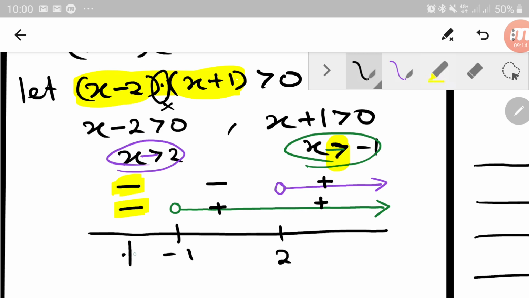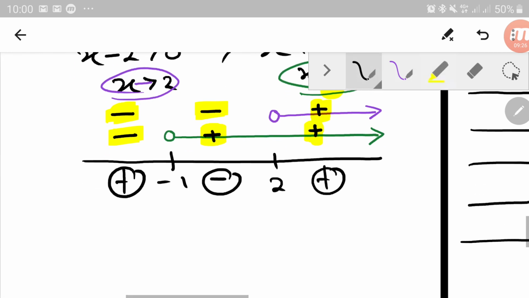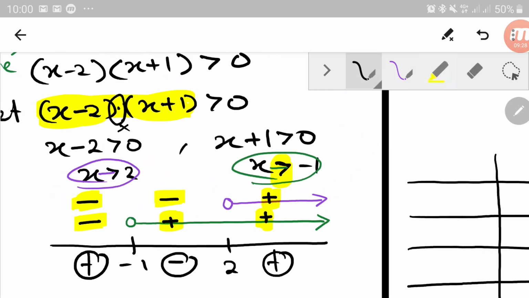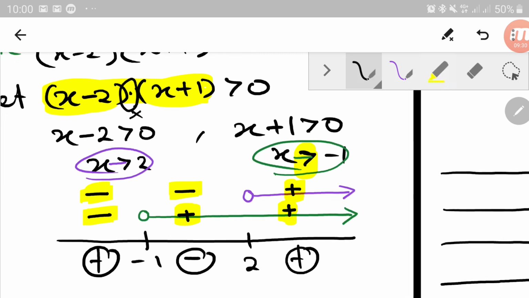Minus multiply positive is a negative. Positive is positive. So we've done with that, and then we are looking for the value.